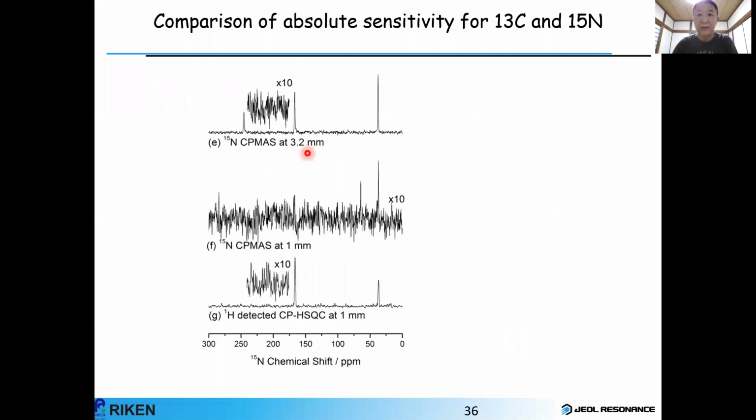But in case of nitrogen-15, the sensitivity of direct detection with a standard rotor is more or less the same as the proton detected experiment with a 1 mm rotor. So in this case, the sensitivity loss is overcome by the proton detection experiment. So that depends on the system and on the nuclei.